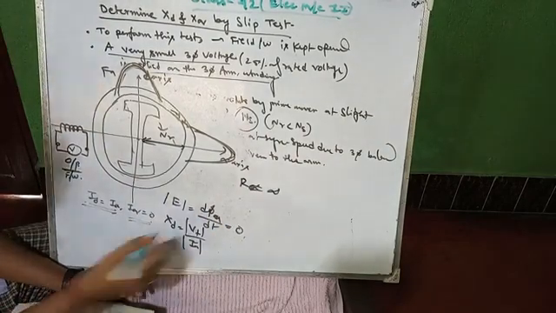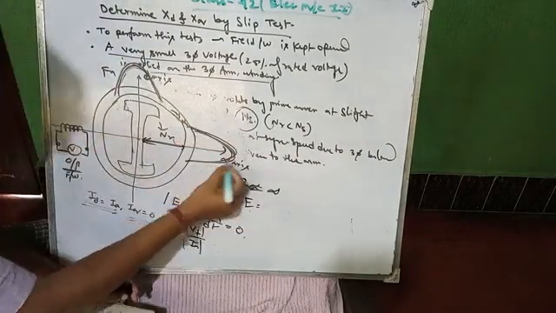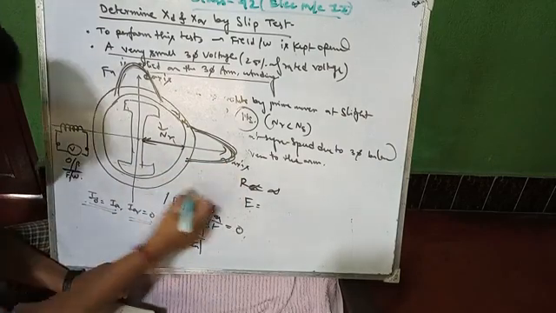Then E becomes... so when it is along the q axis, then what happens?